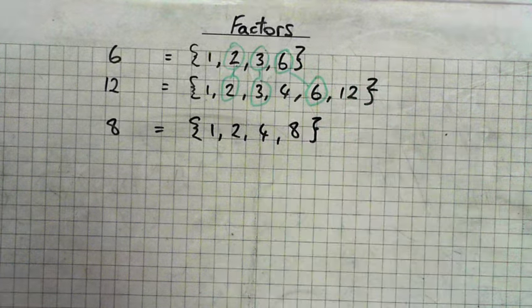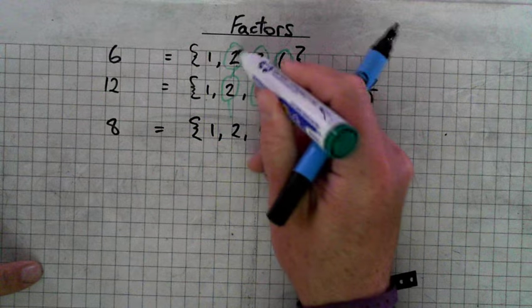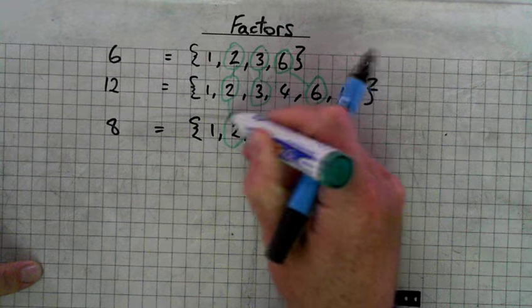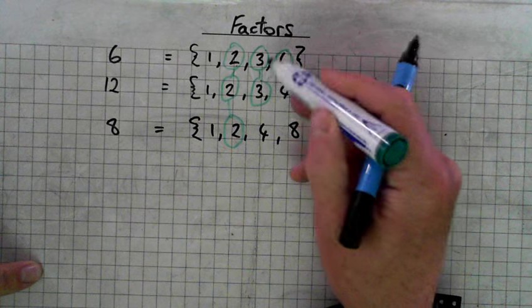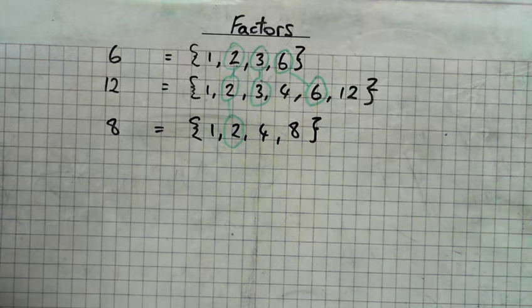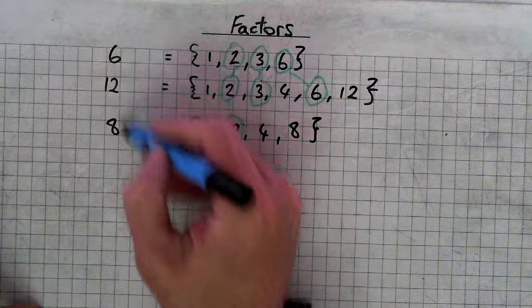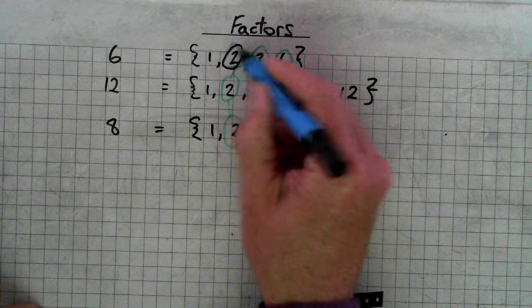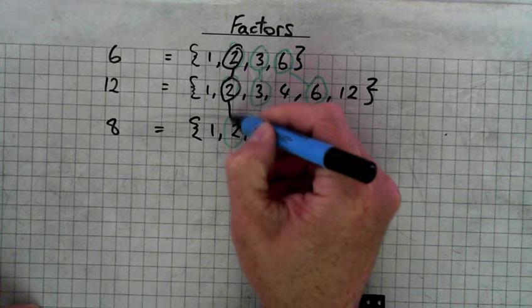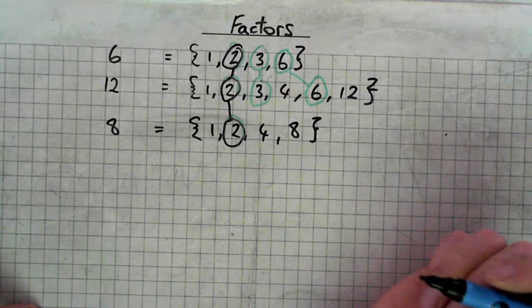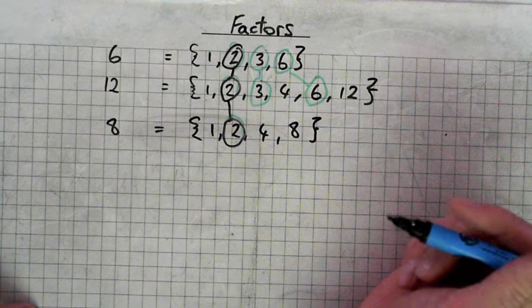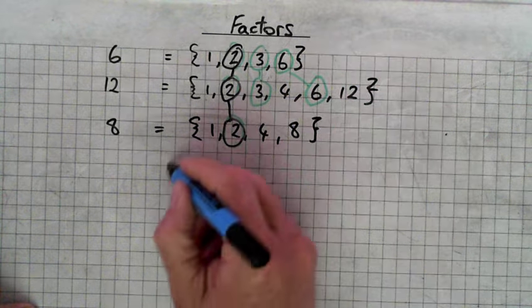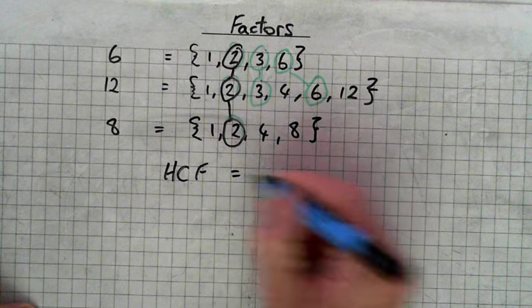So the common factors between all 3 is 2. Is 4 a common factor of all 3 of them? No. So what's the HCF of 6, 12 and 8? 2. Common to all, that's the highest common factor. So HCF is equal to 2.